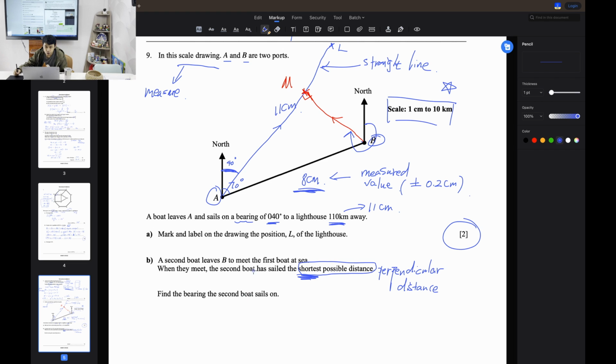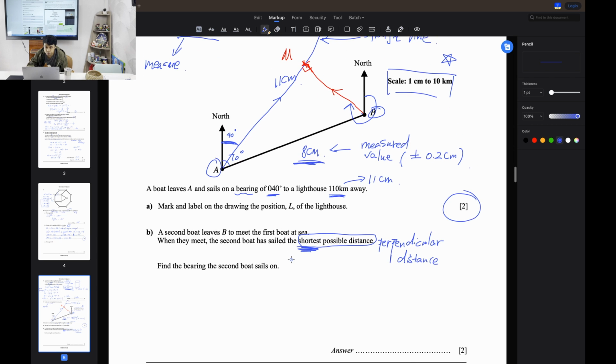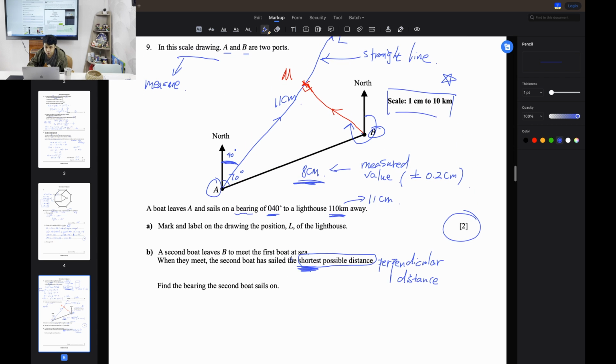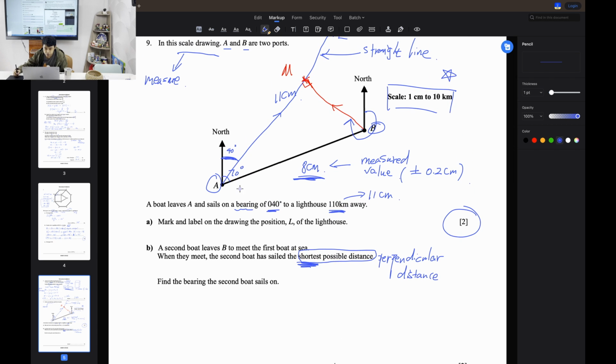So we need some distance, and then we need some angles, right? How many marks? 2 marks. All right. So this is 40 degrees, and this is, let's say I take it as 8 cm. This is 30 degrees, right?